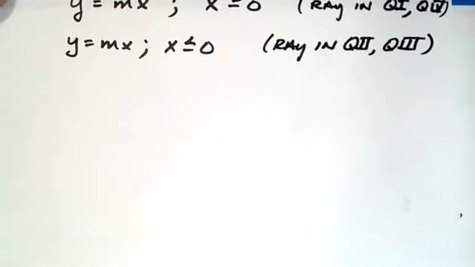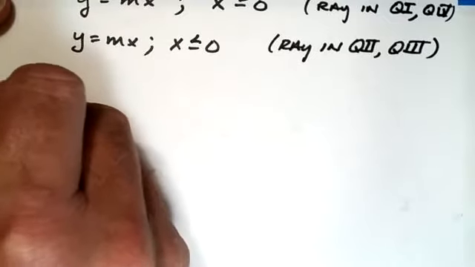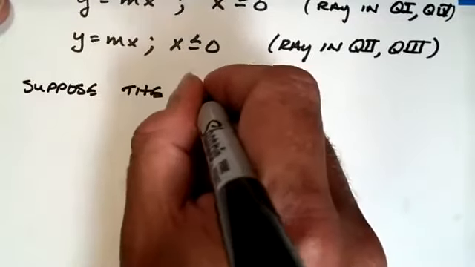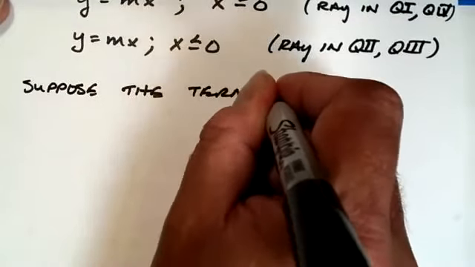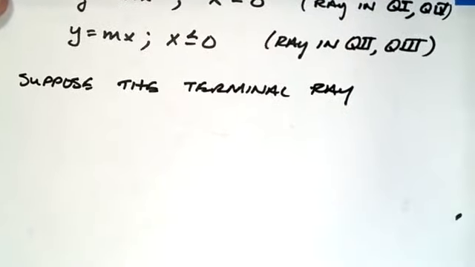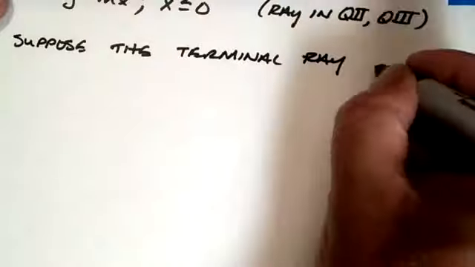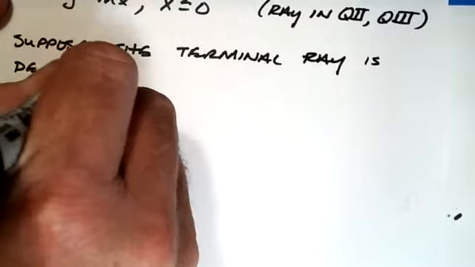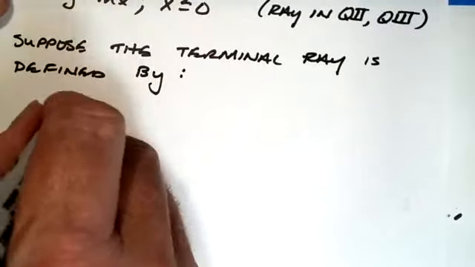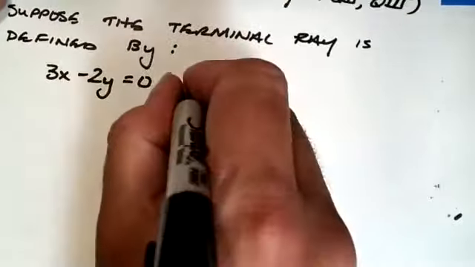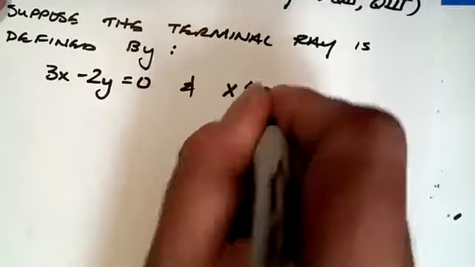It says, suppose the terminal ray is defined by, and let's just say, 3x minus 2y equals 0, and x less than or equal to 0.